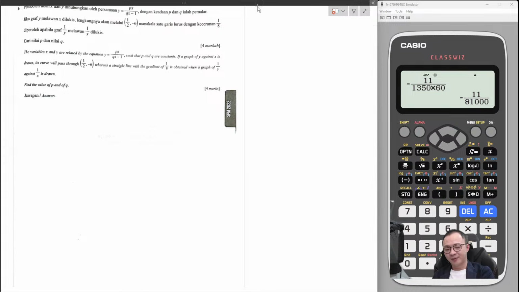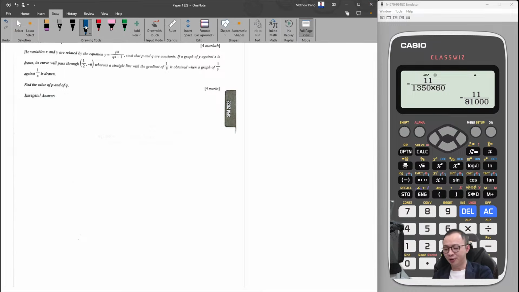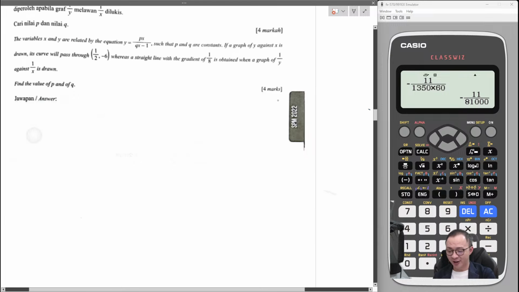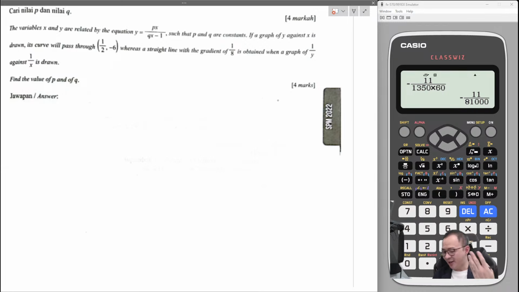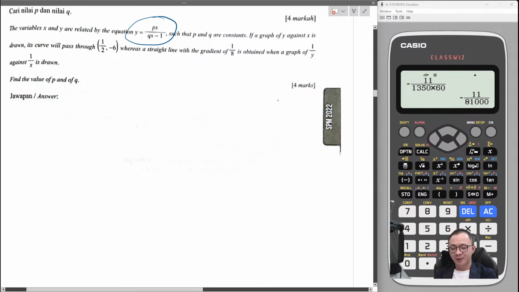First thing, I want all the students to try to read the question carefully. Because without understanding the question, even if I explain many times, you might not be able to understand. So they say the variables x and y are related by this equation, such that p and q are constants. This is very obvious.